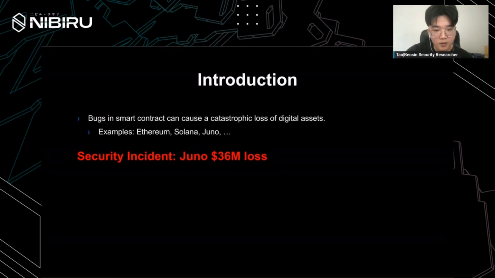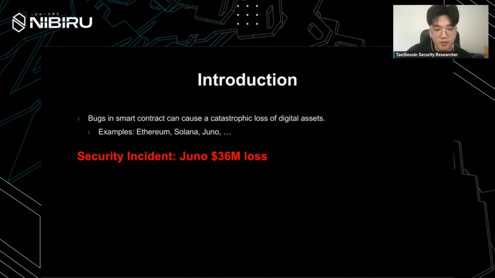So if there is a bug in a smart contract or in a blockchain protocol, it could lead to a great loss in crypto assets. The Cosmos ecosystem got hacked several times before, and a great amount of money was stolen.